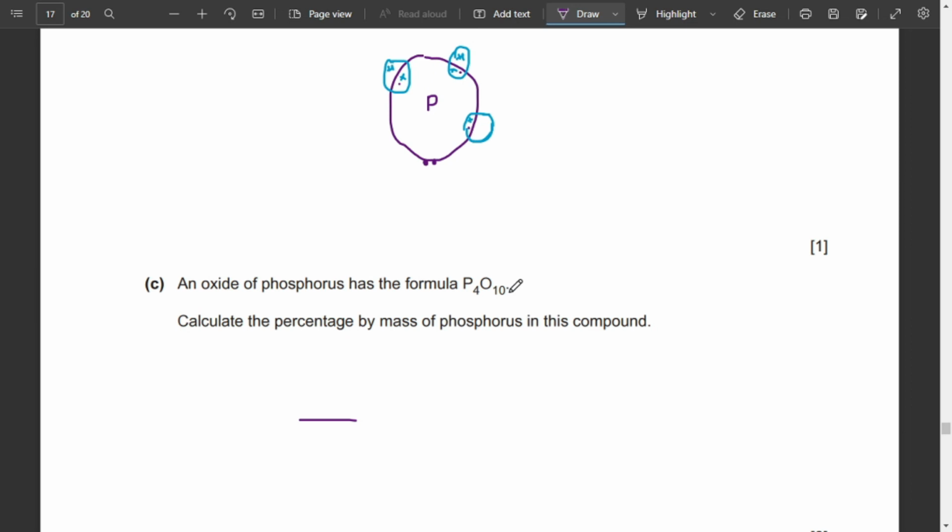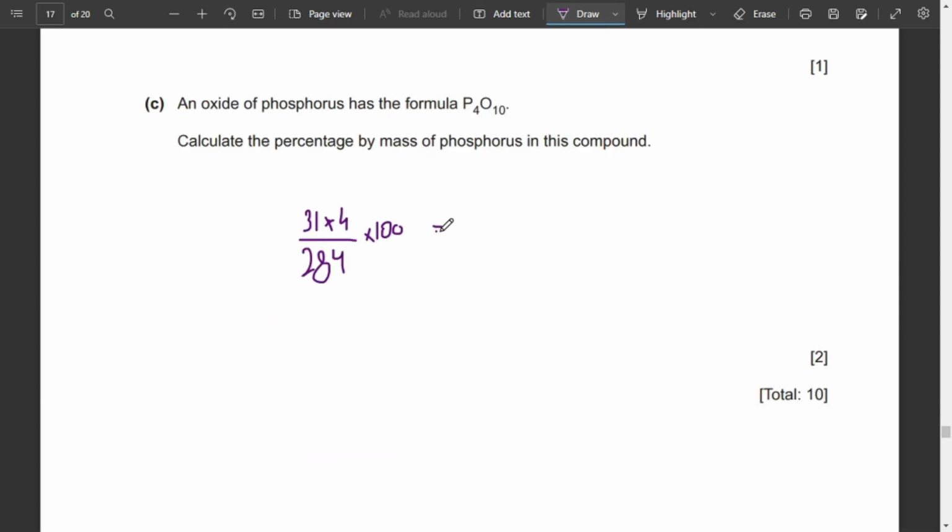We add them together, which gives us the answer of 284. Then for phosphorus we have 31, and since we have 4 phosphorus atoms, 31 times 4, divided by 284, and then we multiply it by 100 to find the percentage, the basic percentage formula. If we find its answer, it's going to be 43.7%.